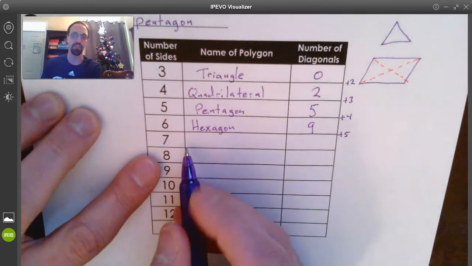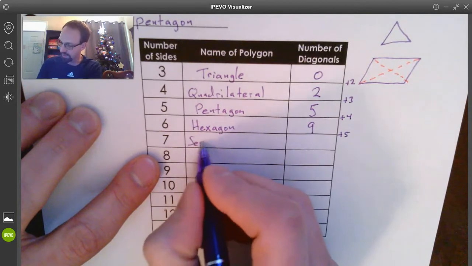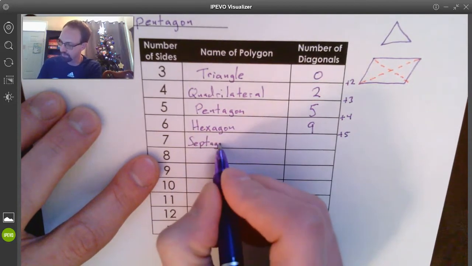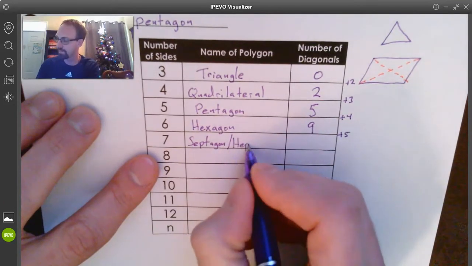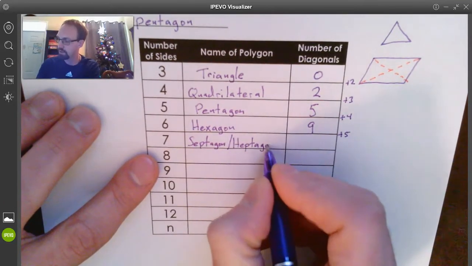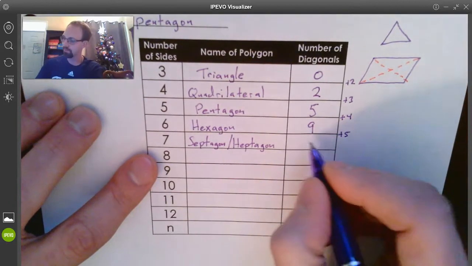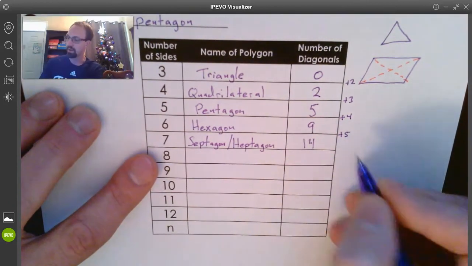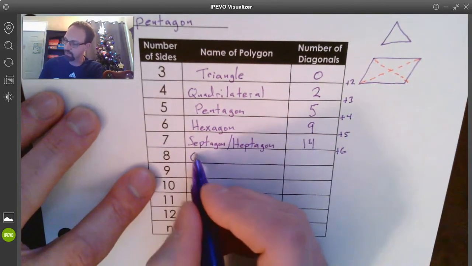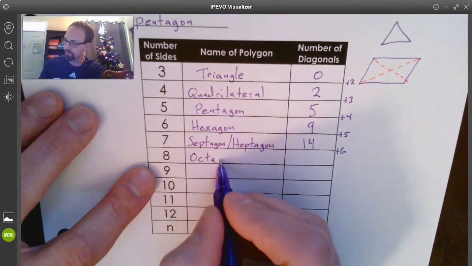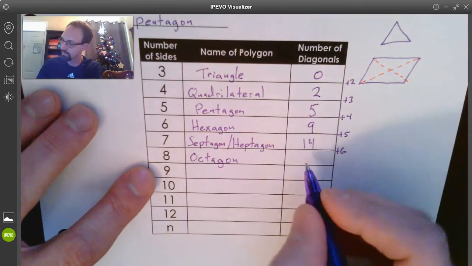A 7-sided shape has 2 names. It's called a septagon, and it's also called a heptagon. You will see both in this course. So 9 plus 5 is 14. This next one, an 8-sided shape, is an octagon.